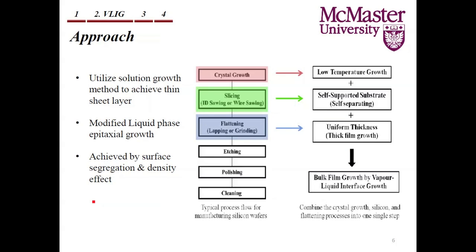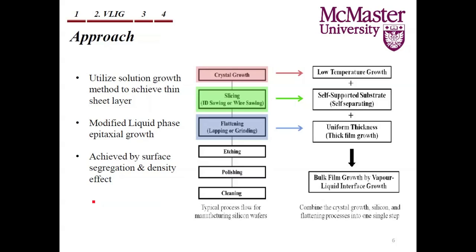Our approach is simple, and VLIC is basically a modification of liquid phase epitaxy. Looking at the left column, it's the conventional Czochralski growth: crystal growth, slicing, flattening, etching, polishing, and cleaning. If we combine these steps into one integrated step, then in the first step, crystal growth, if we lower the growth temperature, we could decrease the overall cost.